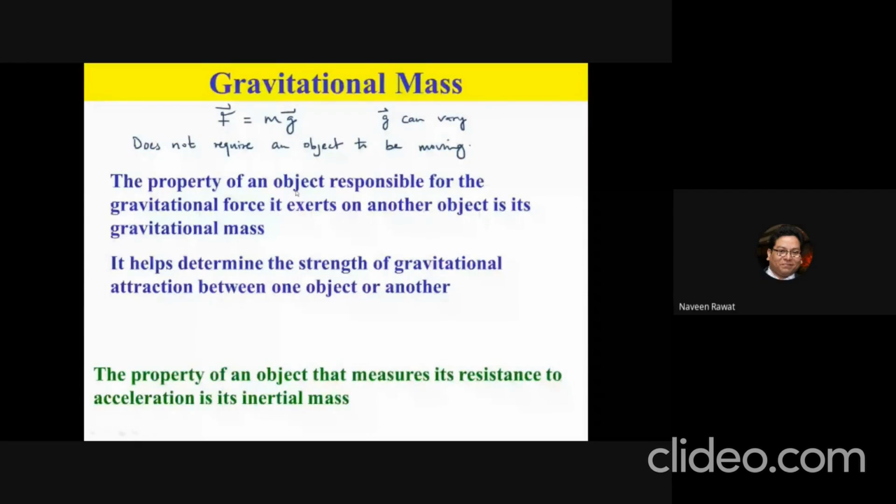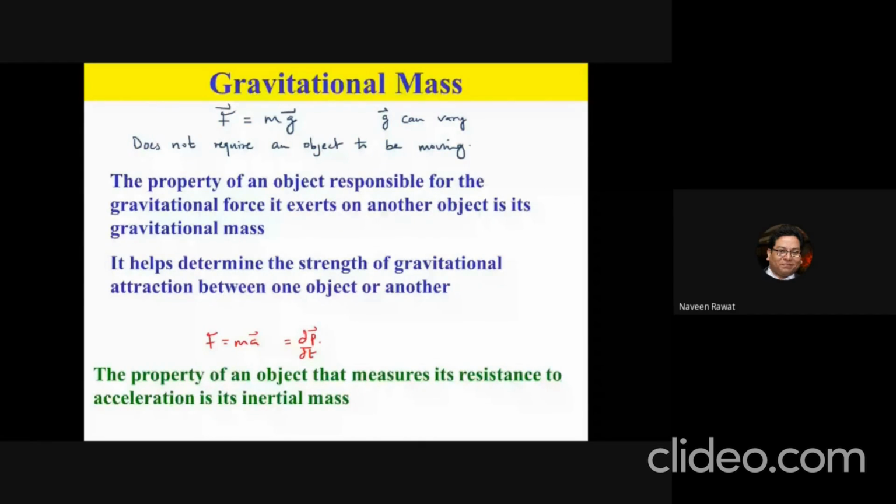Because remember, previously we had our equation of F is equal to ma, and we said that this can also be written as dp by dt, that is, change in momentum. So things are moving, and if there is no movement, then certainly this is zero.